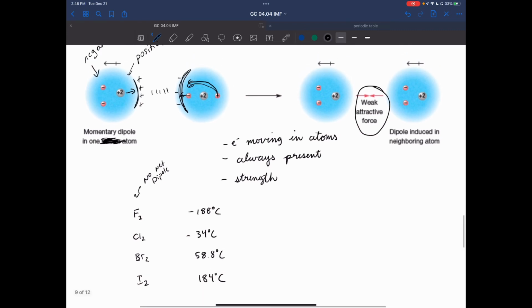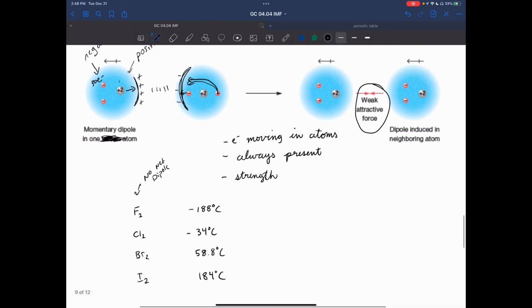Well, if we think about what's going on here, if I get like 30 electrons on this side and a plus 30 charge, and 30 electrons on this side and a plus 30 charge on this side, this interaction can actually get very strong, and it does. So the strength increases with the number of electrons.